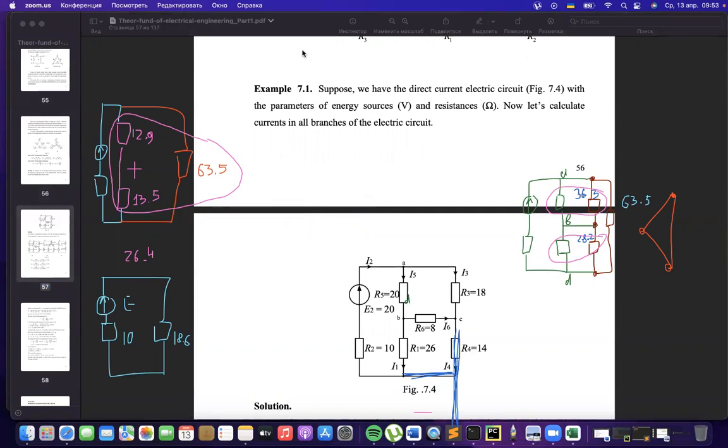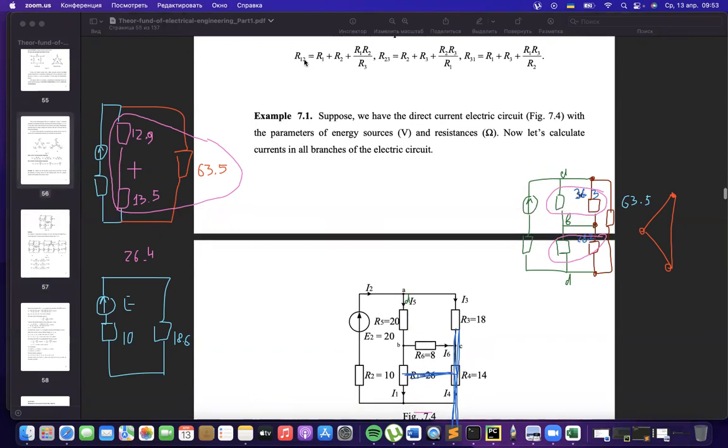Okay, what should we write instead of this formula for our specific case?